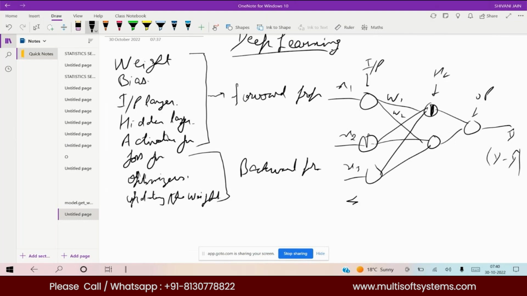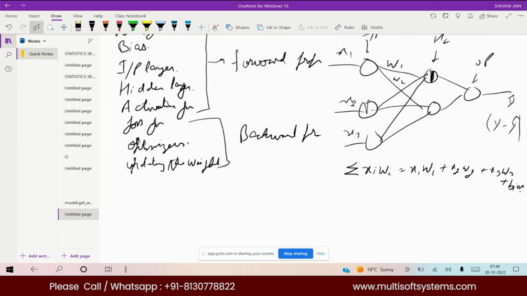In every neuron, two things are happening. First is the summation of xi wi, which is x1 w1 plus x2 w2 plus x3 w3, plus bias. And second is the activation function. Let's talk about the sigmoid activation function: 1 upon 1 plus e raised to the power minus y.